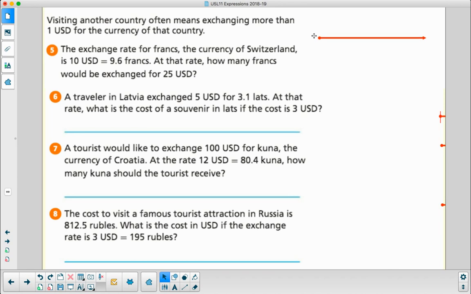All right. So in number 5, it says the exchange rate for francs, the currency in Switzerland, is $10 equals 9 6/10 francs. At that rate, how many francs would be exchanged for $25? So let's first start out and get things figured out. What am I doing? I have US dollars and francs.